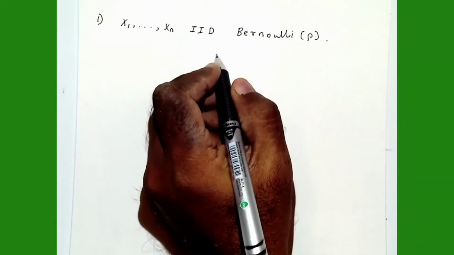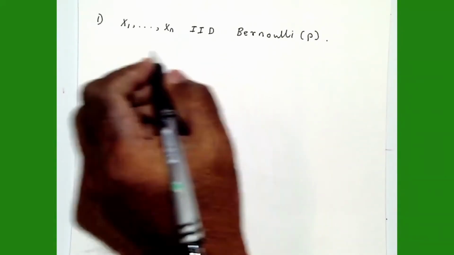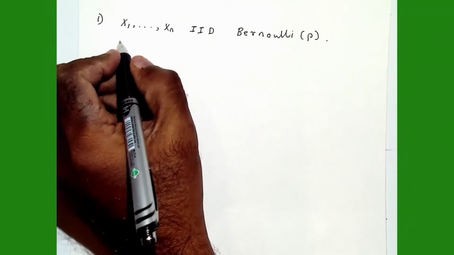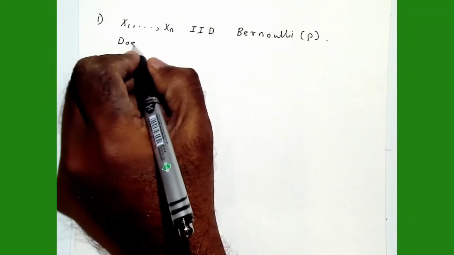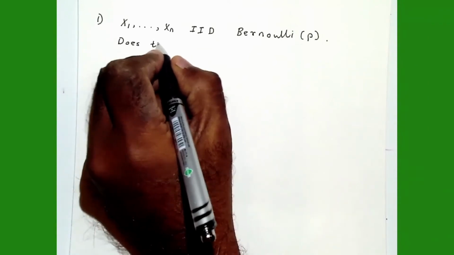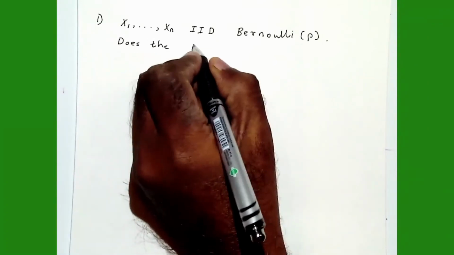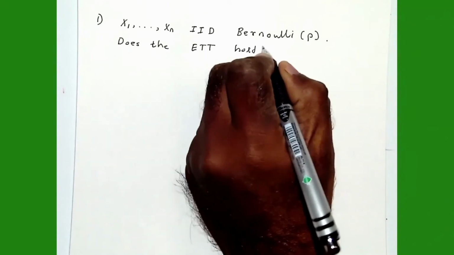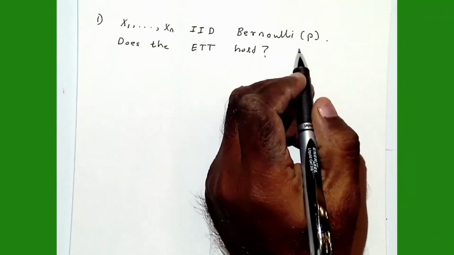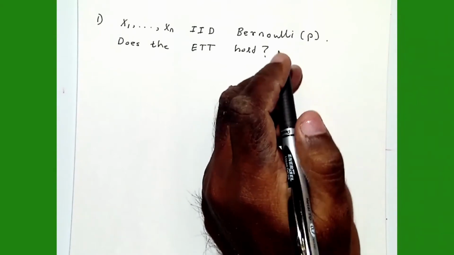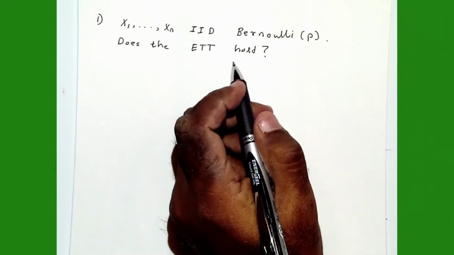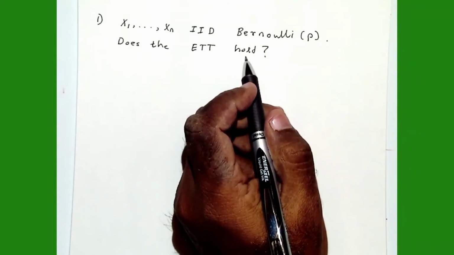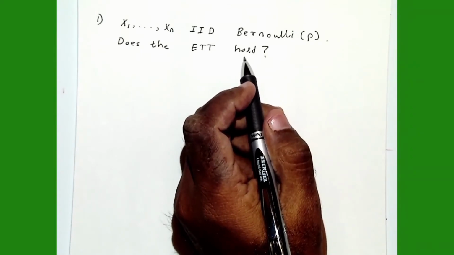And the question is: does the ETT, the extremal types theorem, hold? Now remember, Bernoulli is a discrete distribution, right? So what you need to do is to check whether the condition I gave you in the lectures holds or not.